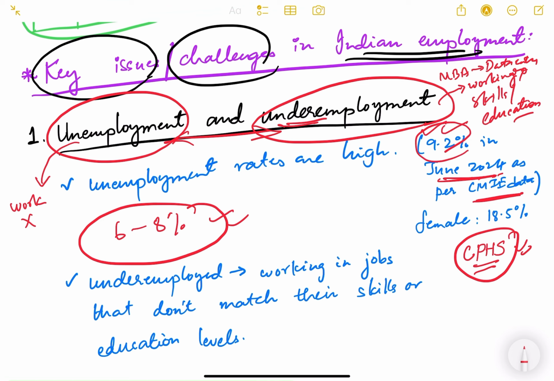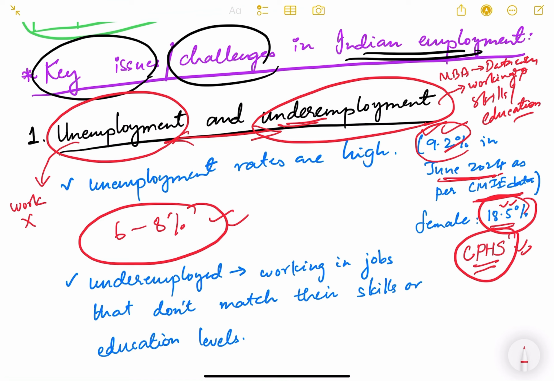So it is very high. And for females, it is 18.5%, which means almost a fifth of the entire female workforce is not finding employment. So it is a very, very bad scenario.